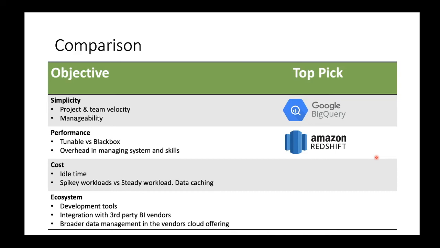Again, they have similarities, but overall the way you can evaluate it would be based on how much idle time you have. If you have a lot of idle time in your infrastructure, then obviously a serverless model makes more sense. Whereas if you had a steady workload, a predictable workload, and your cluster was in a steady state pretty much throughout the day, then obviously something like Redshift would make more sense.